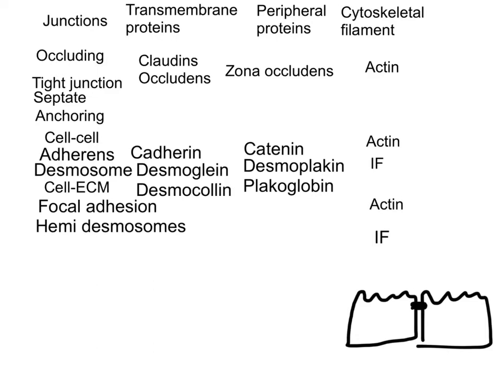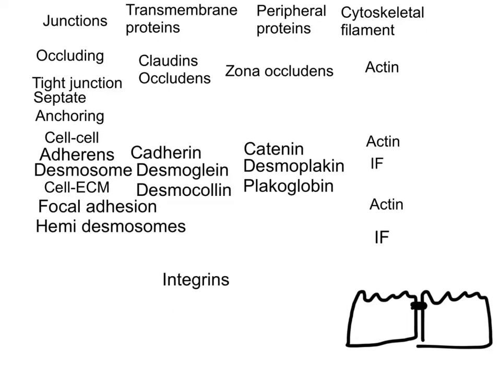So at this point I got tired, and I pretty much said, okay, we're not going to really talk too much about the proteins involved in focal adhesions and hemidesmosomes, except what's the class of proteins for the transmembrane proteins? Integrins.